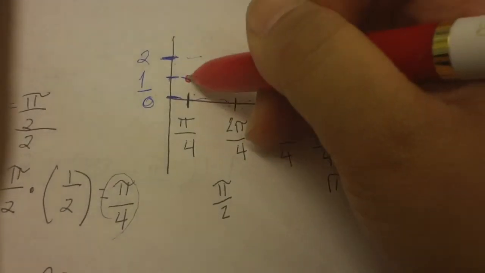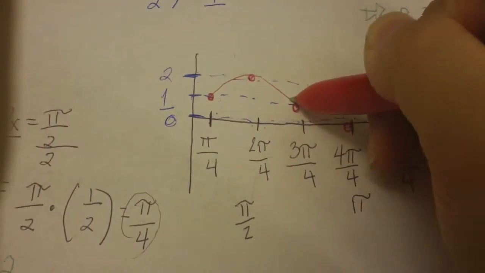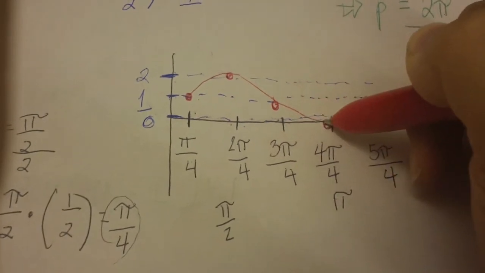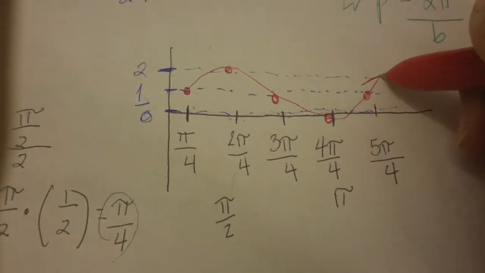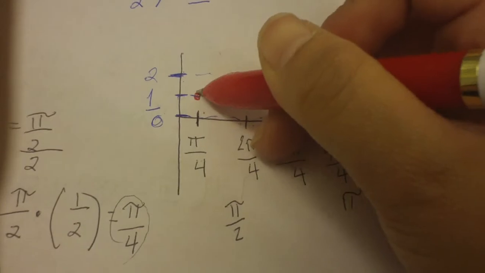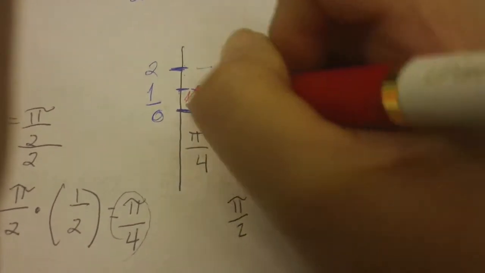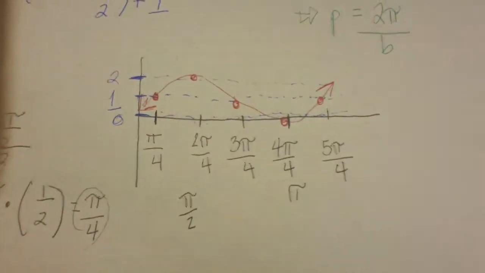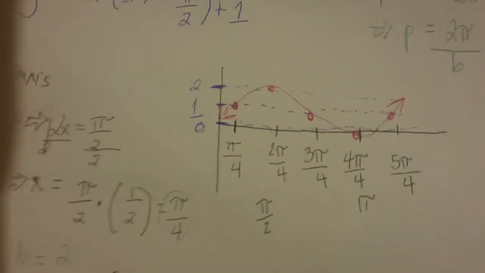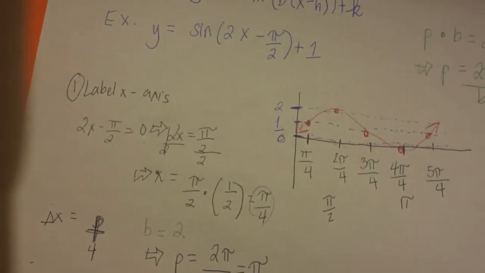Okay, so there's our graph. And let's connect our graphs. Remember, graphs are continuous, so you got to show me that with arrows. Okay? And that's how you graph sine and cosine with a period change.